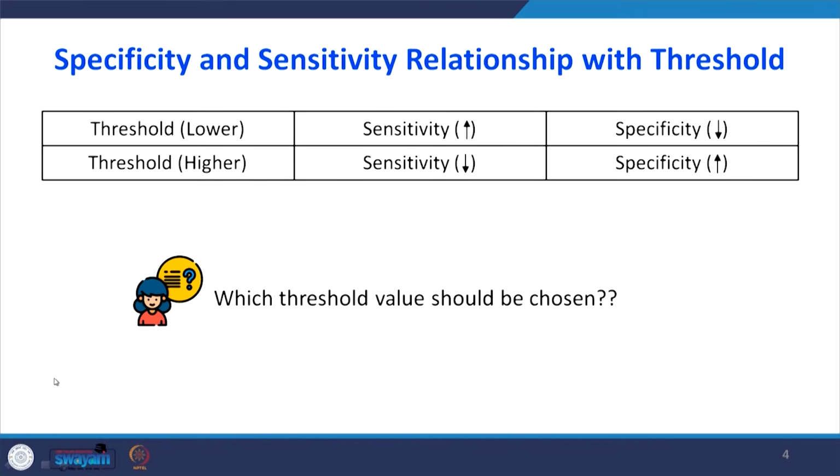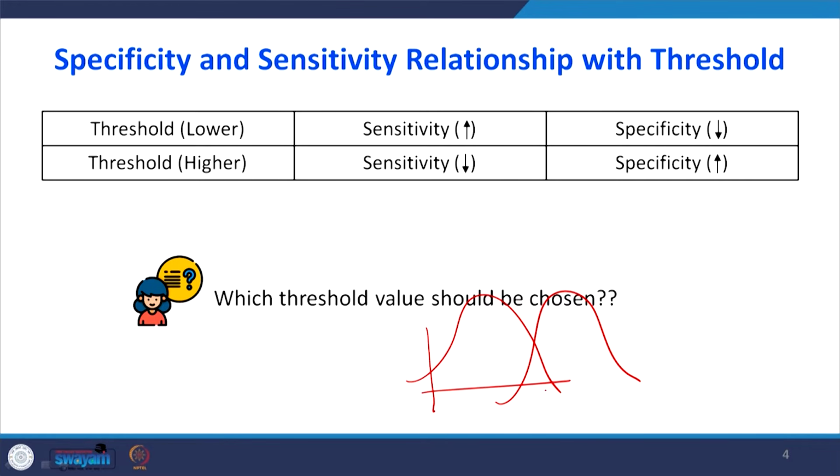In this lecture I am going to explain the connection between sensitivity and specificity for different threshold values. The first case is when the threshold value is low. Suppose you put the threshold value here, that will increase the sensitivity, but it will decrease our specificity.